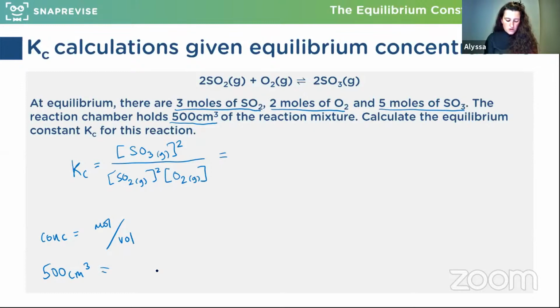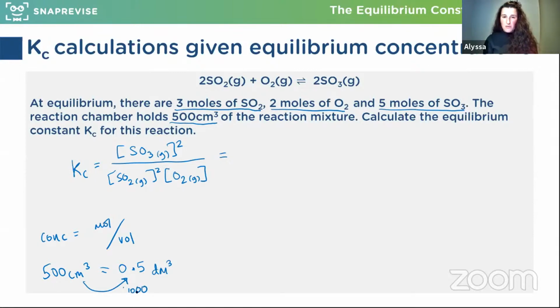What's 500 centimeters cubed in decimeters cubed? Divide by 1,000. Good. And hopefully that's something that you are used to and you've remembered. If not, get that in your head because it's something we use so often in A-level chemistry. Divide by 1,000 to go from centimeters cubed to decimeters cubed.